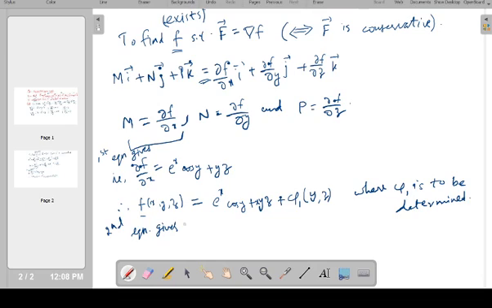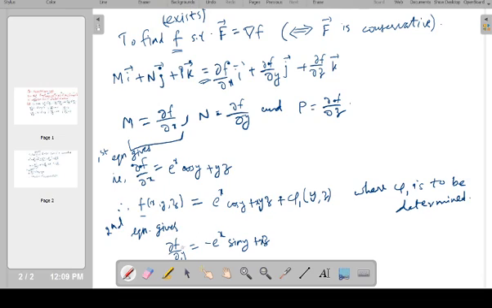So dou f by dou y, what is that? Minus e to the power x sin y plus xz.